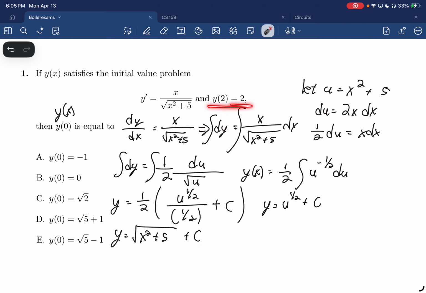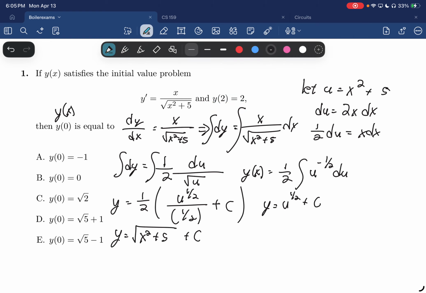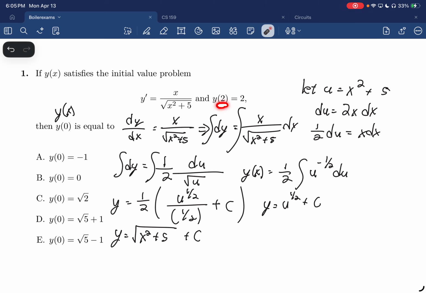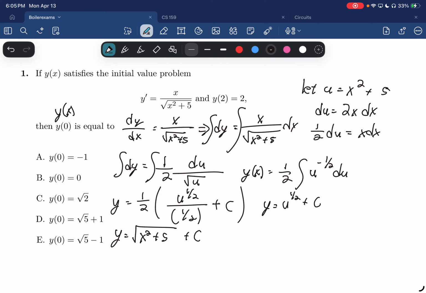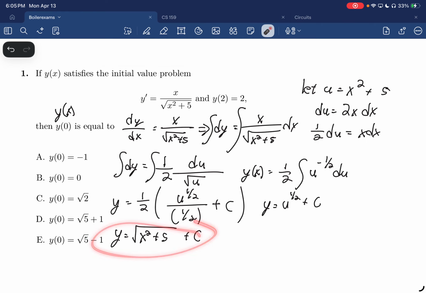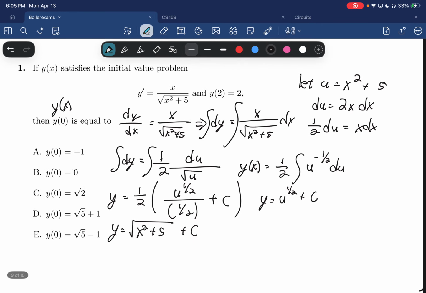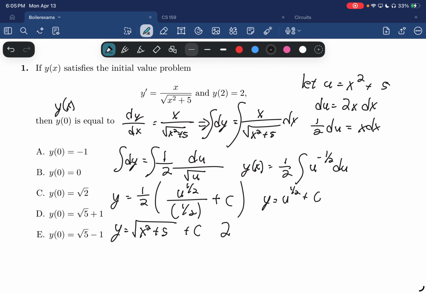Okay, now we can do that by using our initial condition, y of 2 is equal to 2. So we know that when the x value is equal to 2, the y value is also equal to 2. So let's replace 2 into our particular solution here. We can say that 2 is equal to the square root of 2 squared plus 5 plus c.